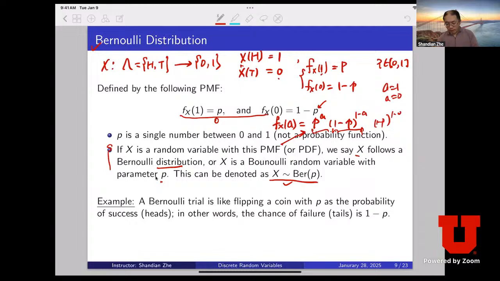And consider it follows the Bernoulli distribution with parameter p equals 0.5. What does it mean?